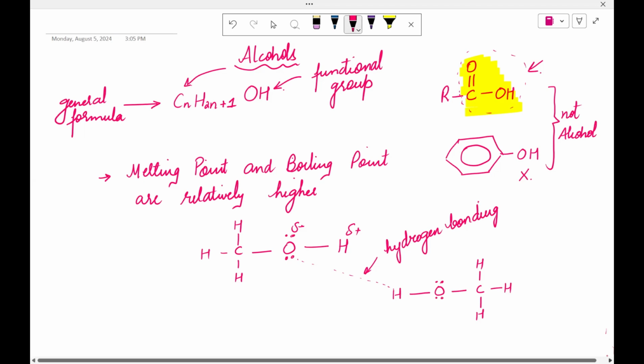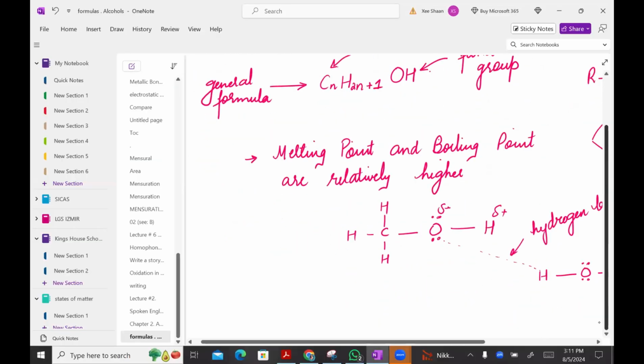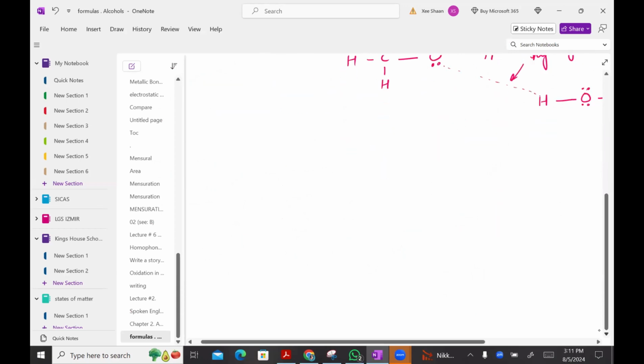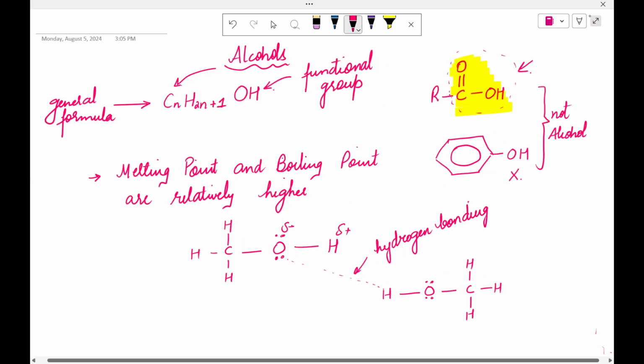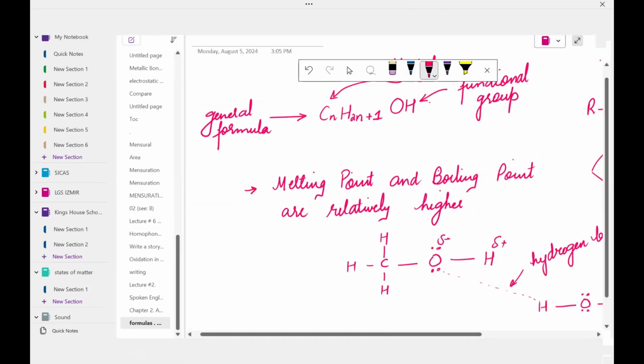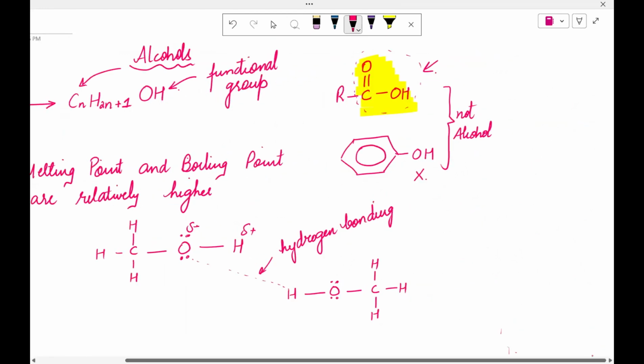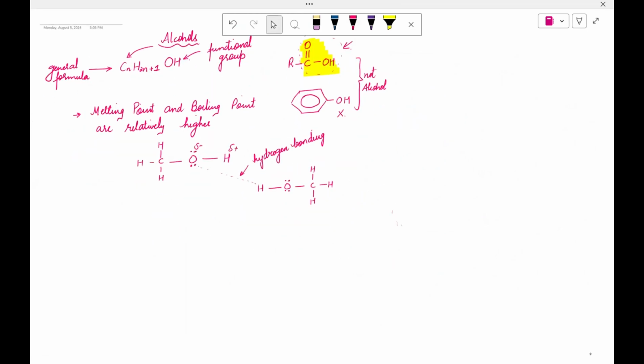So if we move further, hydrogen bonding also develops with water.